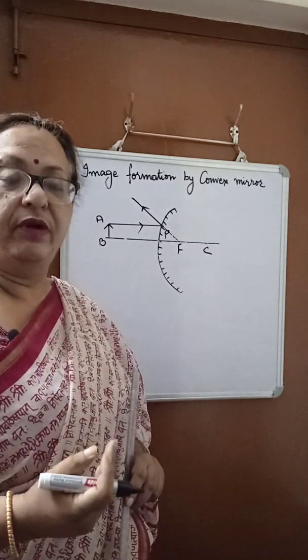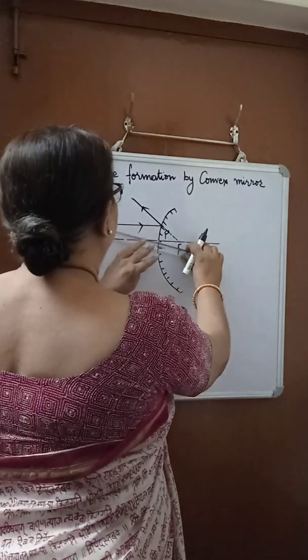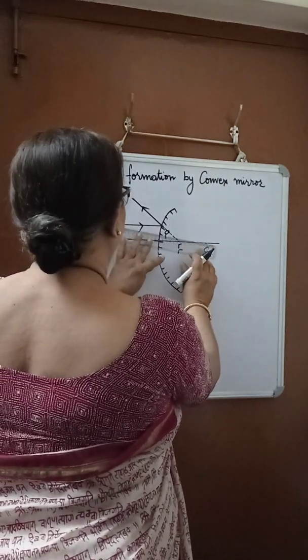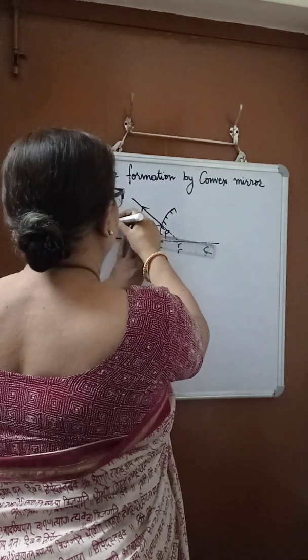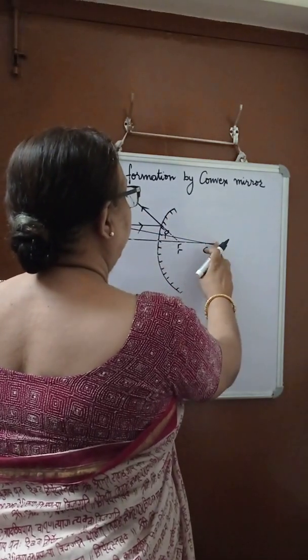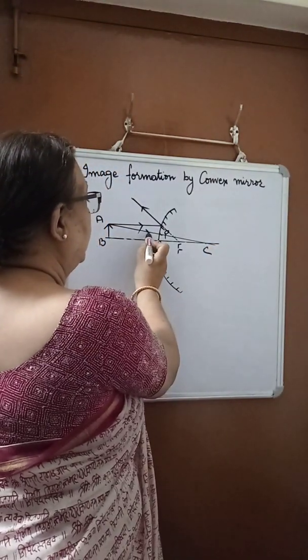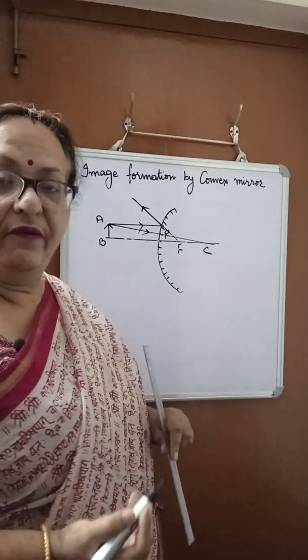And the second ray, what do we consider? We consider a ray which is passing through the center of curvature. After reflection, where will it go?